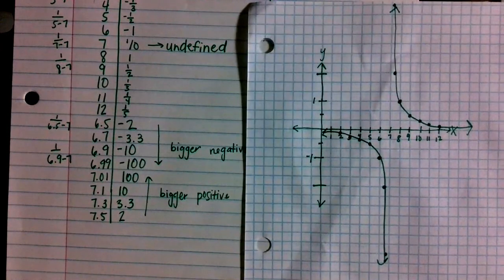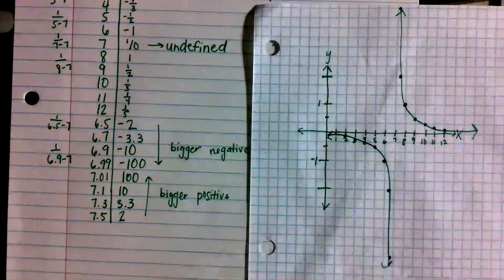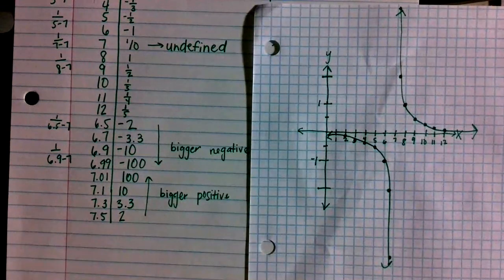And this is the general type of form that you're going to notice when we're working with a graph that is f of x equals 1 over x minus some number. And whatever that h value is, that's the number that the graph will never actually touch.